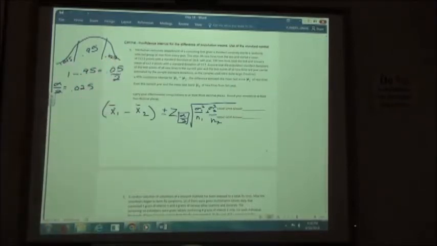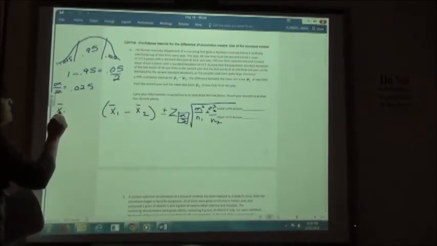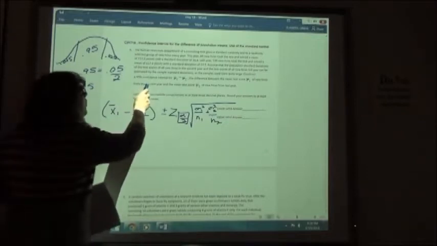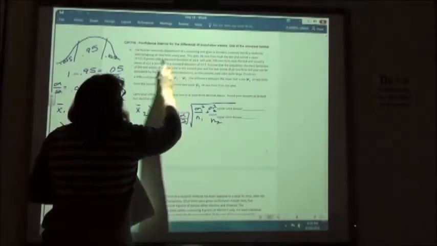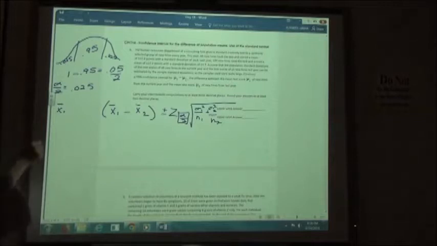Those are percentages. Okay? So, in my problem, sample mean 1 is my current year. The mean for the current year was 112.8, right?